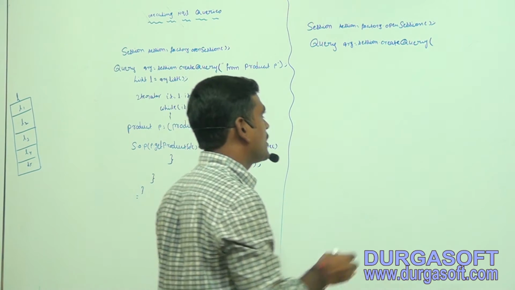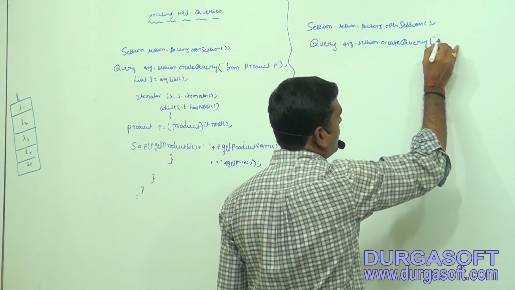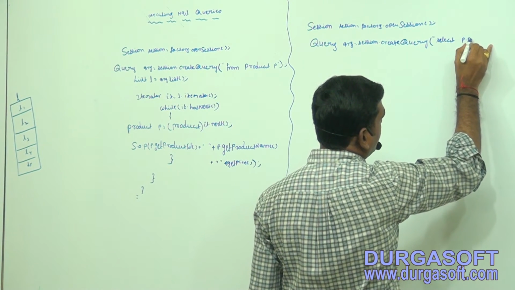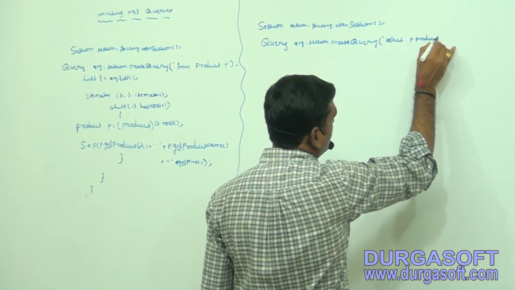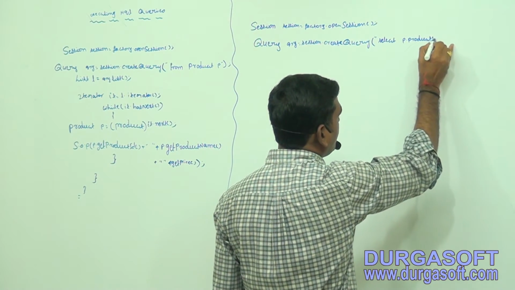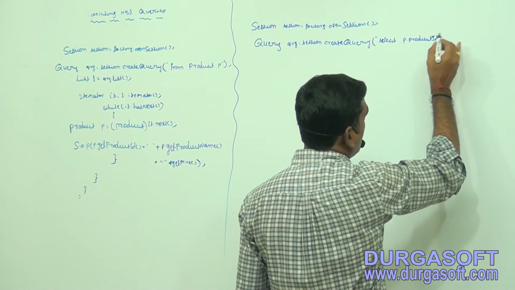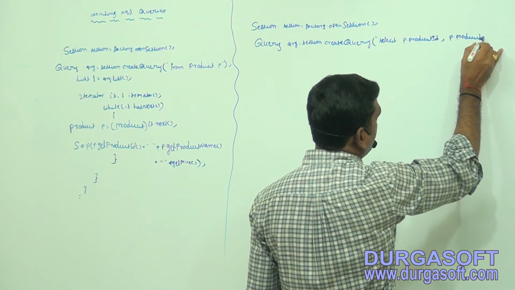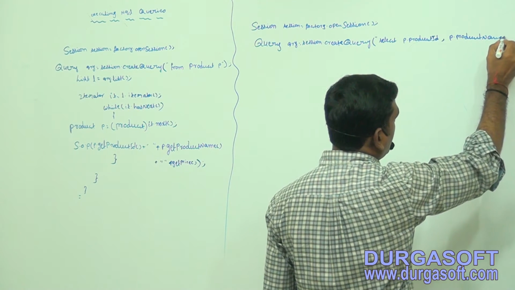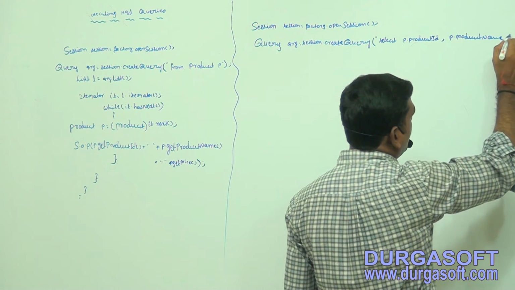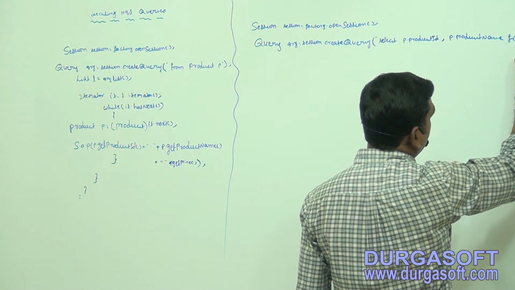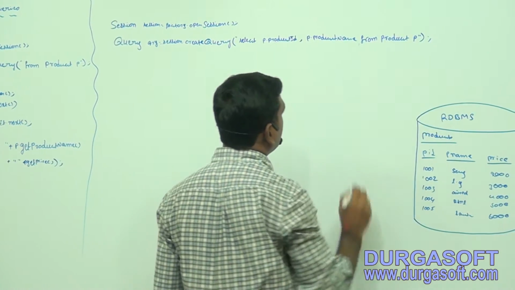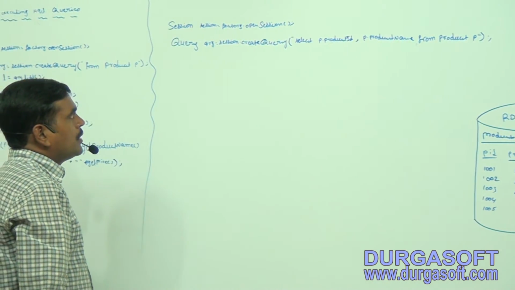what we have to pass, now here we can pass select p dot product id, comma p dot product name from Product p, right?